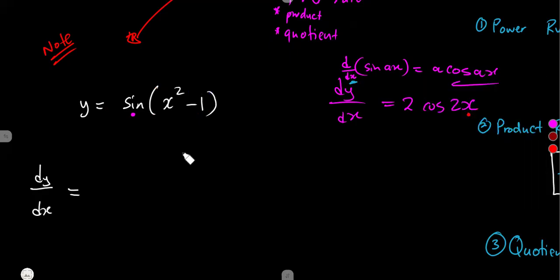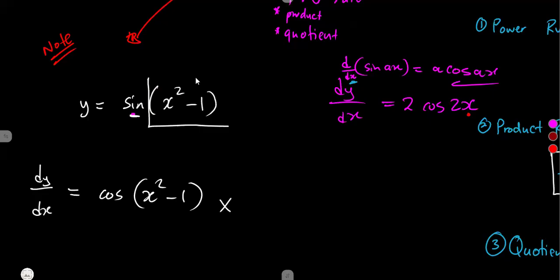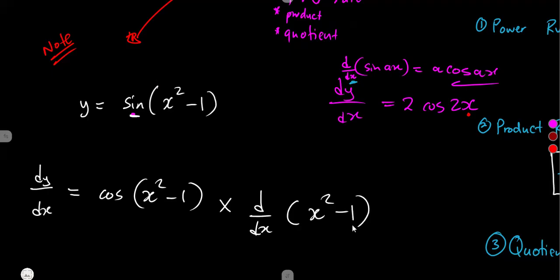It is just going to remain as it is. So the derivative of this sine is what? Sine changes to a cos. So it's going to be cos of x squared minus 1 times the derivative of the function now with respect to x. The function, this one, x squared minus 1. We are supposed to differentiate what is remaining with respect to x.